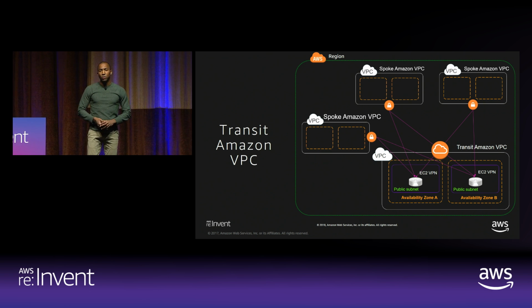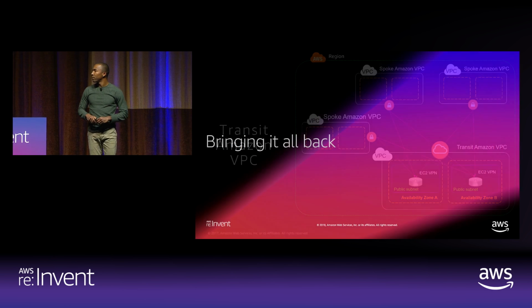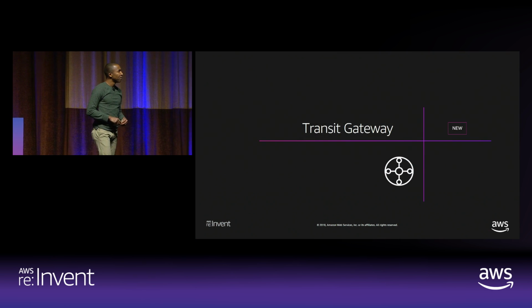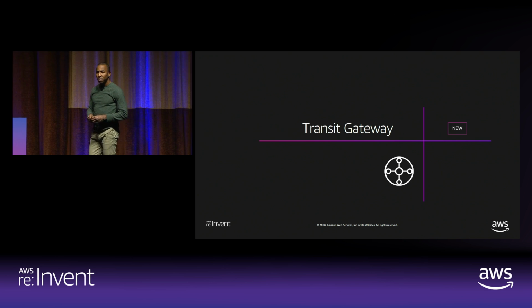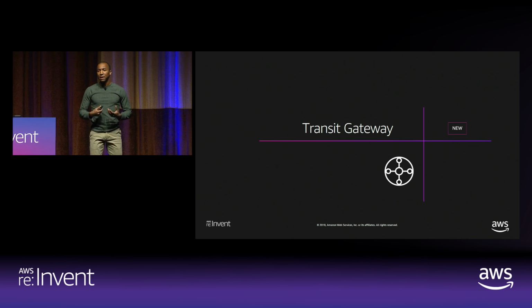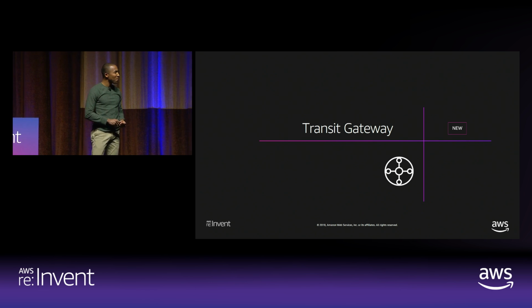So what did AWS do with your feedback? For simplicity, we created the Transit Gateway. The Transit Gateway acts as a layer 3 hub for your VPCs that exist within AWS. What does that mean?